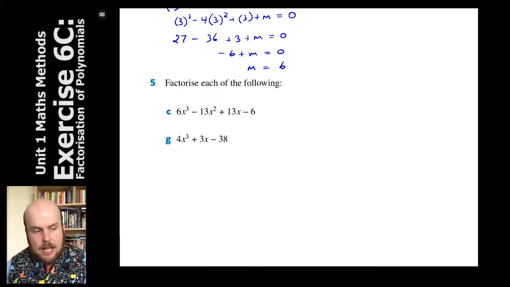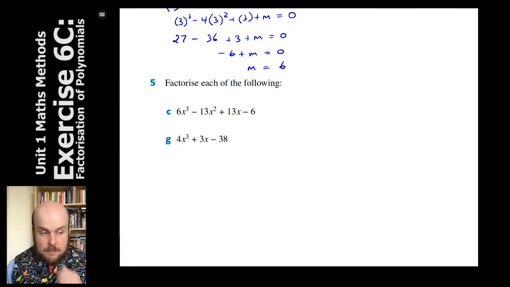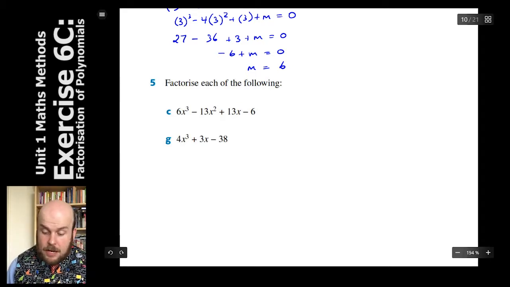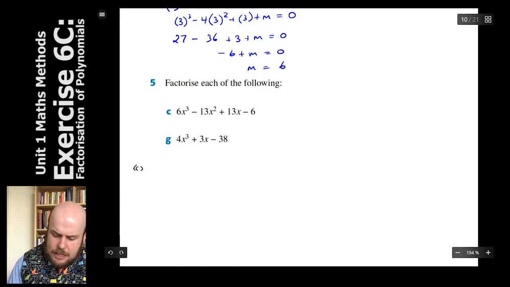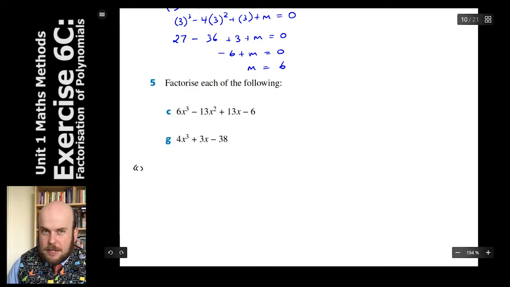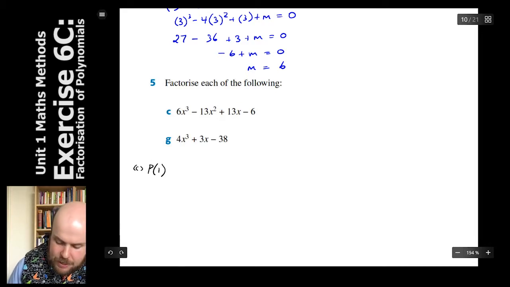So again, that's very similar to the other ones that we were doing a little bit earlier. And then we've got these small atrocities here. Again, you would need to use the factors here. Now, notice in this first one for C, I'm just going to look at C here. I've got a 6, a 6, a 13, and a 13. My gut instinct says let's try P of 1. Let's see if I can factorize this by doing P of 1.